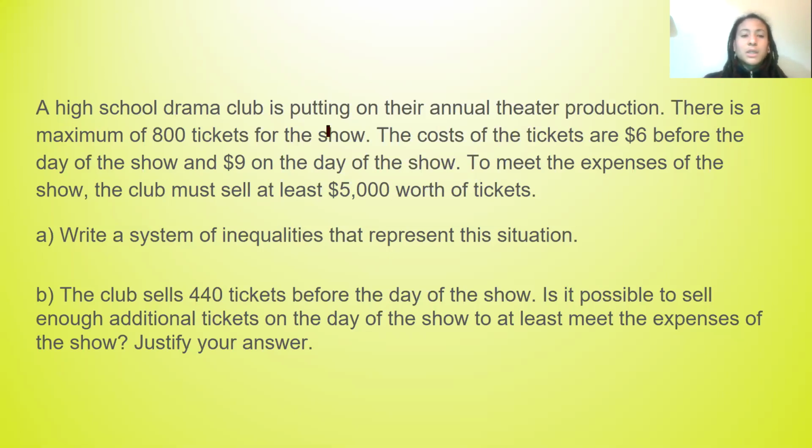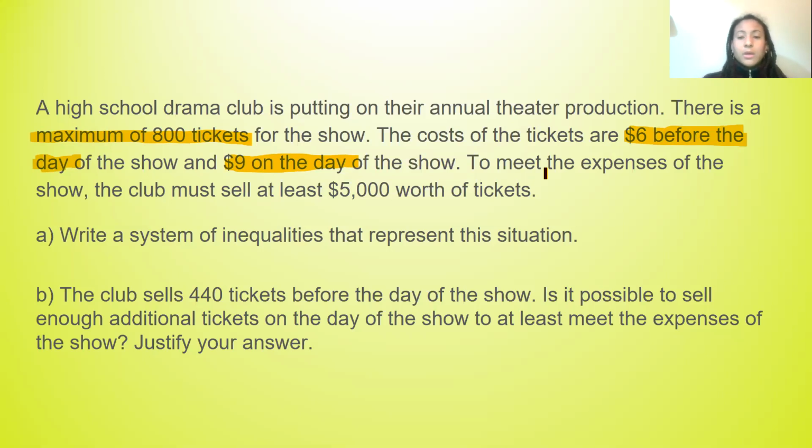So the first thing is we know we have a maximum of 800 tickets. Cost of tickets is $6 before the day of the show, and $9 on the day of the show. So make sure you see those two words, $6 before and $9 on, okay?